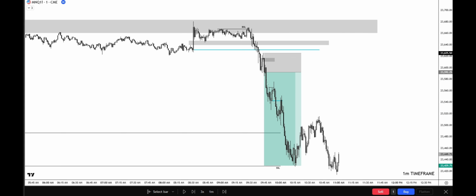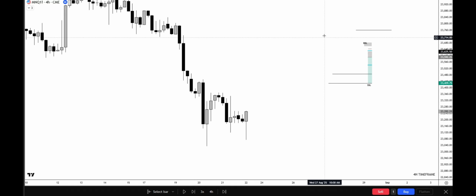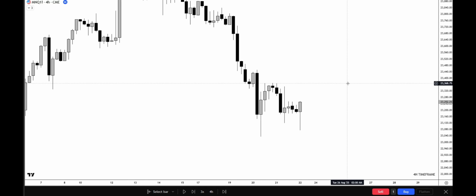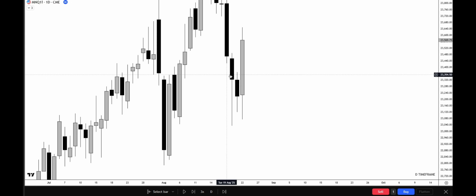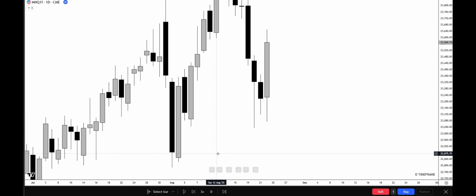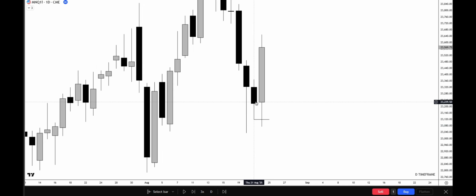If I go with the second example, here we do have a sweep of previous day low, as we can see.